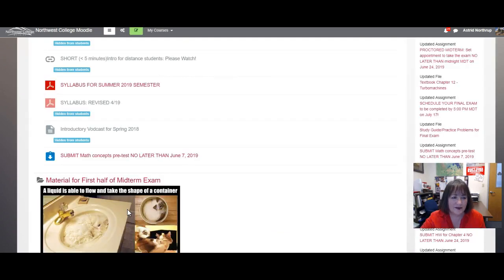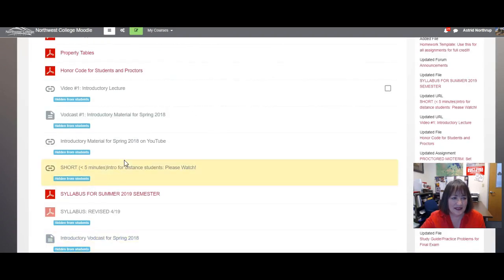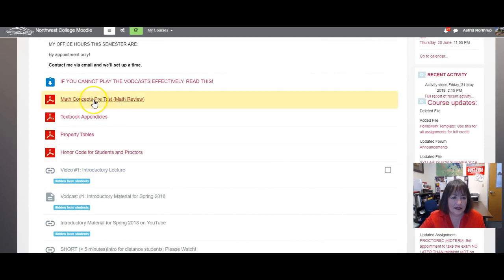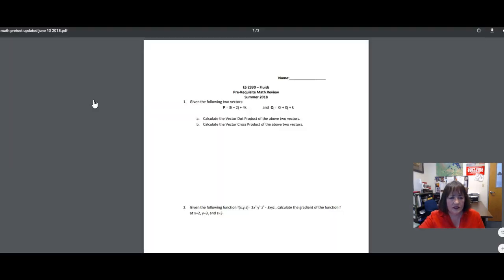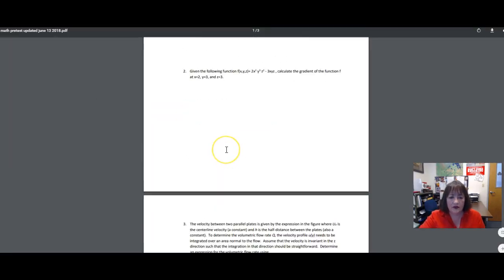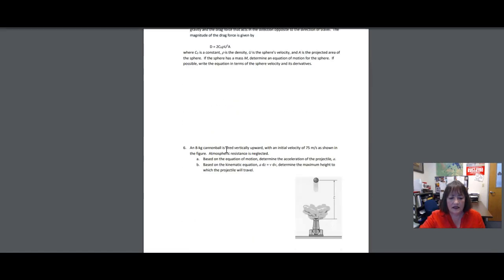I thought it was at this button. Let's see, here it is. The math concepts pretest is right here. And we just take a look at it through here. And what you can see is that there are 6 problems.